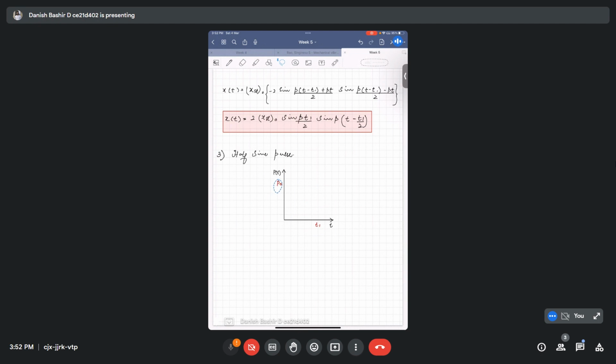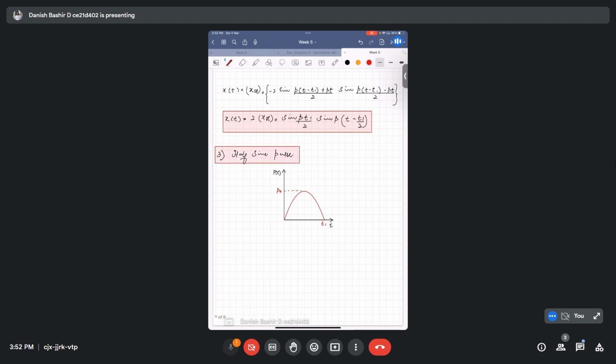P naught is a little bit up, and up to time t1 we are having a sine pulse like this, a half sine pulse, and its maximum amplitude is P naught. So for this thing, we have to find the response.